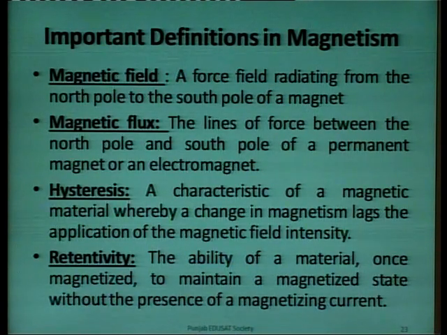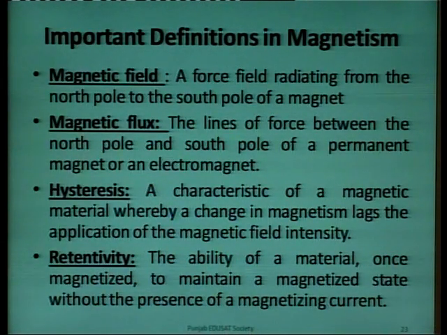Then we are having the magnetic flux, the lines of force between the north pole and south pole of a permanent magnet or electromagnet. They are called the magnetic flux.